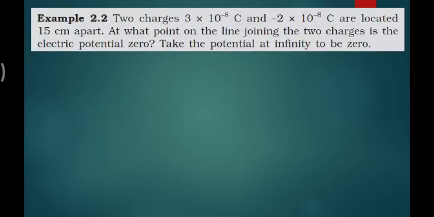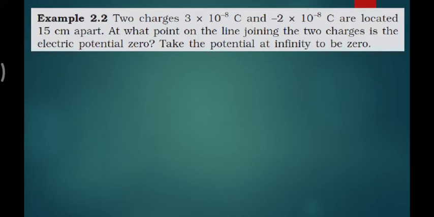You may go for any kind of shape and size. Question 2.2: there are two charges, 3 into 10 to the power minus 8 and 2 into 10 to the power minus 8, which are far apart. Both charges are separated by a 15 centimeter distance. We have to find a point which lies on the line joining them.